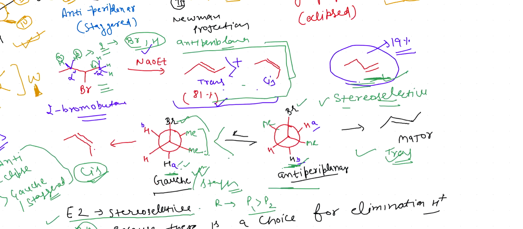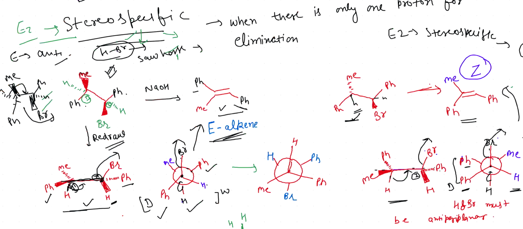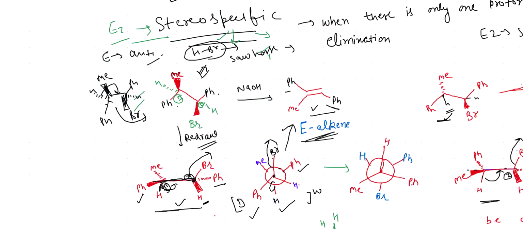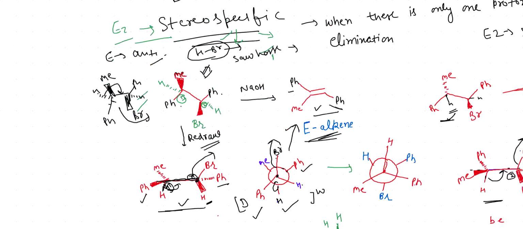So let me explain how I have redrawn this structure and converted it into this. That is the important point, because if you are shifting the groups, then you have to shift all the groups together. Clear?